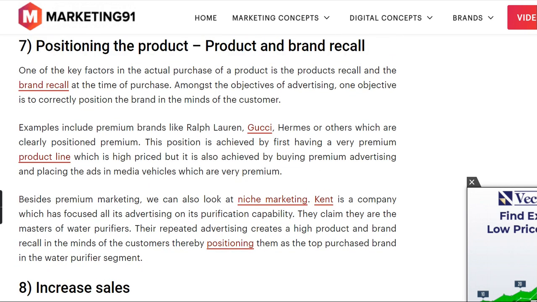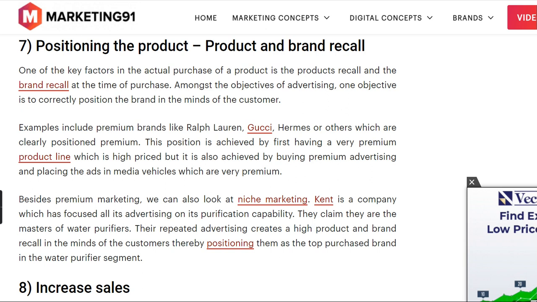Positioning the product. Okay, positioning is a term that came from the last chapter. It's one of the key factors in many cases because the purchase of a product has to be put in a situation where people will remember the product.